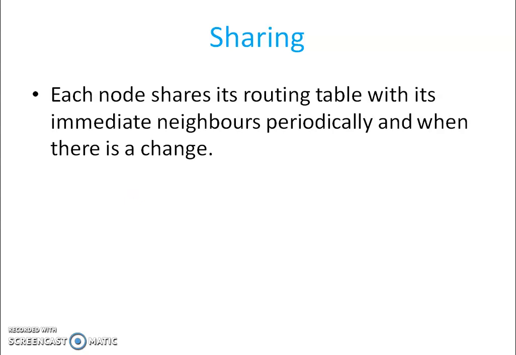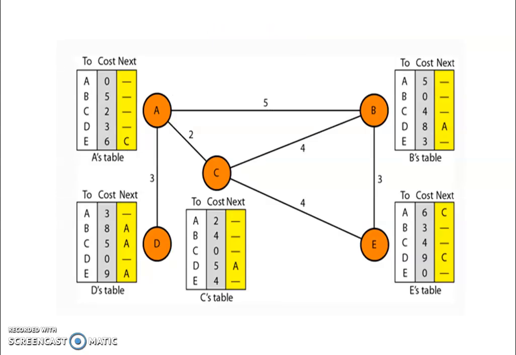So in sharing, we note that node A doesn't know how to reach node E, isn't it? But node C knows it. Similarly, node C doesn't know how to reach node D, but node A does.